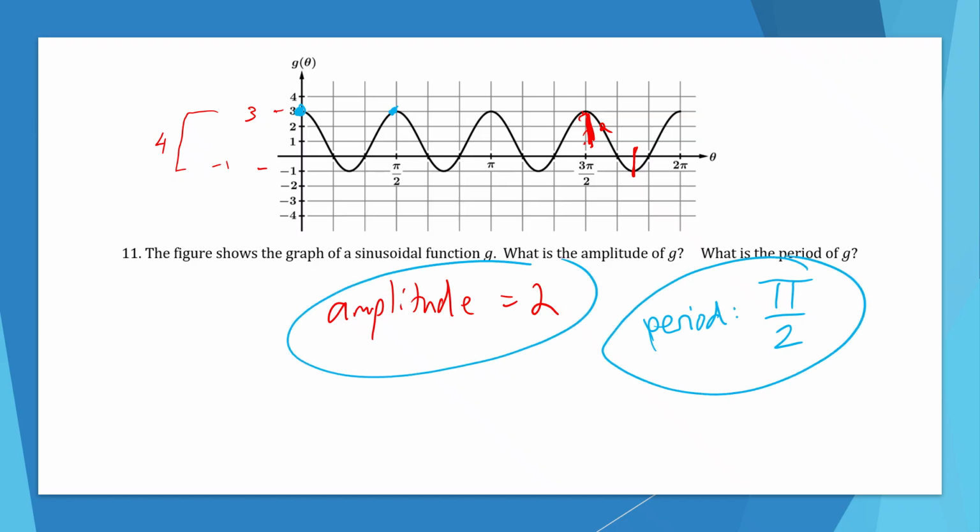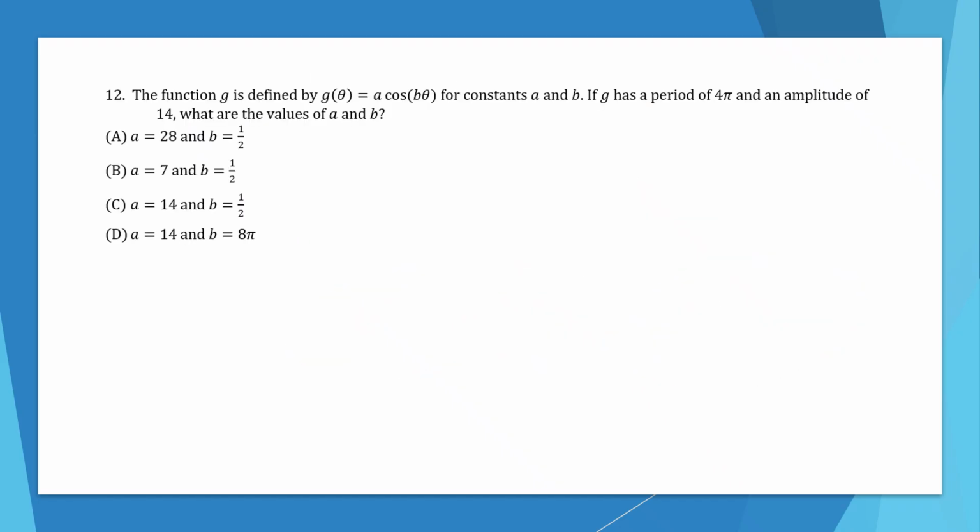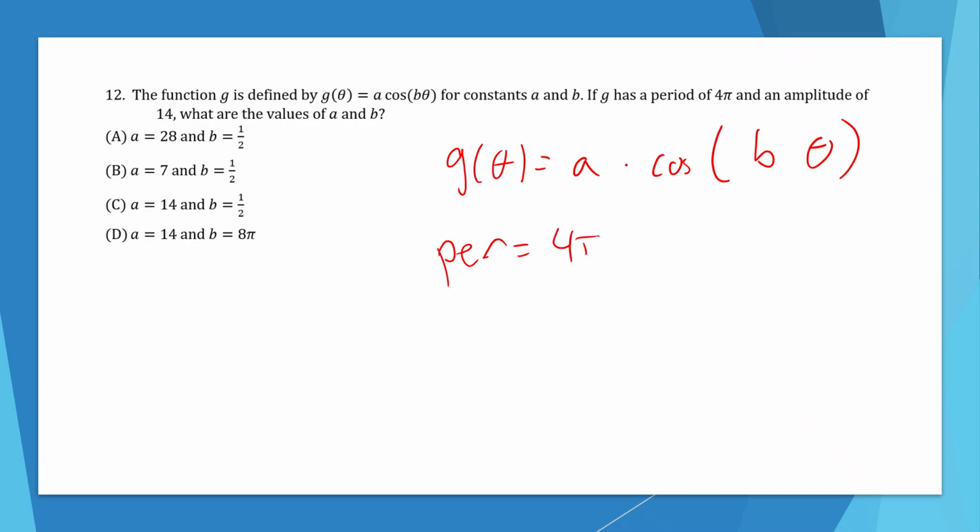All right, number 12, the function g is shown by g of theta equals a times cosine b theta. If g has a period of 4 pi and an amplitude of 14, what are the values of a and b? Well, remember, a is just going to be your amplitude, so this is just going to be 14, so we can eliminate A and B right now.